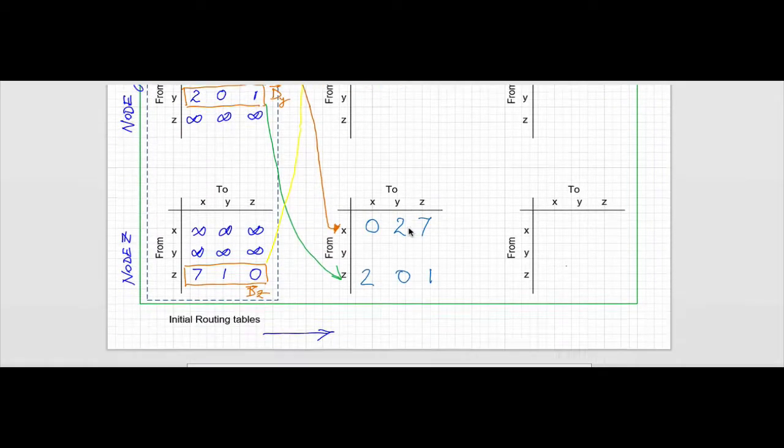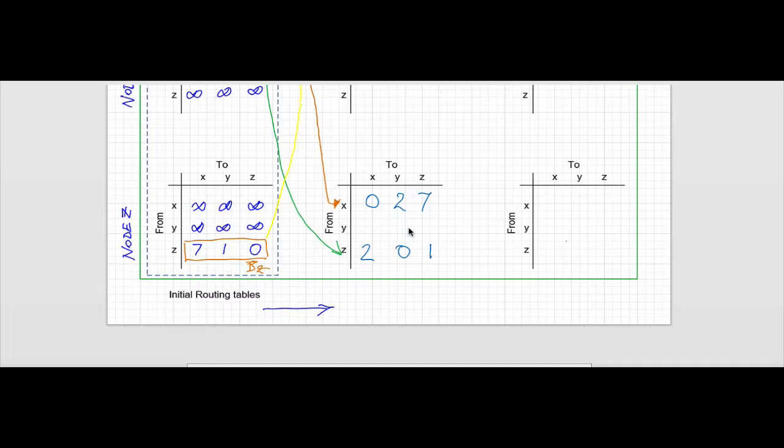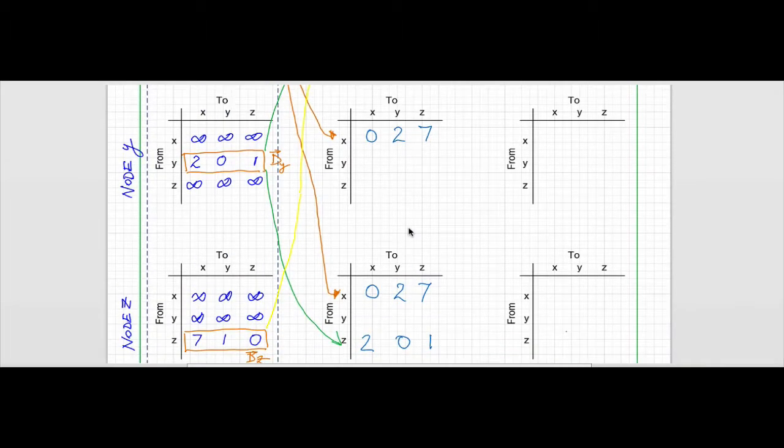And it also sends that vector to Y. Excuse me, let me change the color. It also sends that vector to Y, and from Z to Y, it says 7, 1, 0.